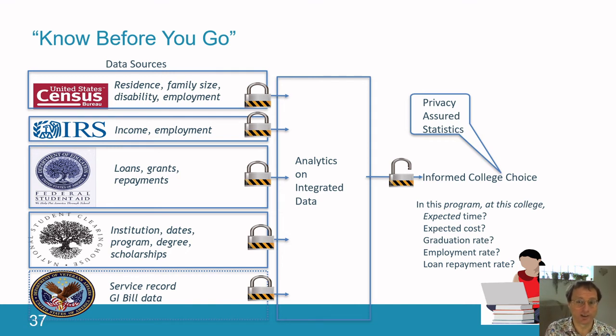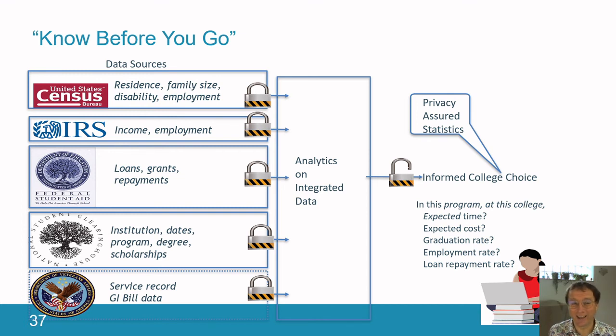You can just get that from the IRS. You can get how much tax they paid as a pretty good correlation of how much they earned. You can look at how much their loans and grants were when they went through university. You look at institutional information from the universities, whether they gave the student a scholarship, what their degree program was, what dates they attended, and maybe if you're coming from the army, maybe there's a GI service record, since when you leave the army you get a chance to go to university. Maybe there's some information there.